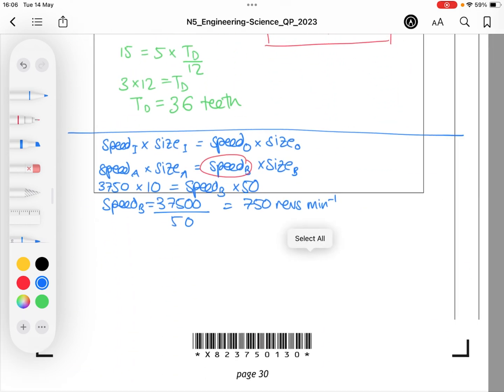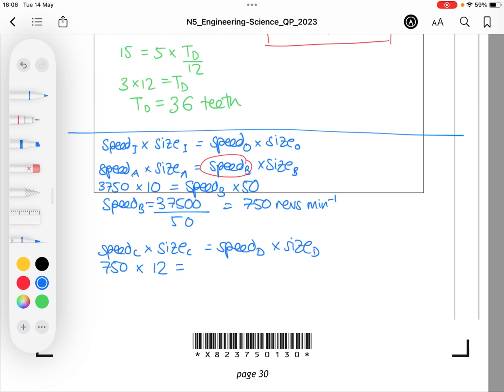So I can say that the speed of C times the size of C is equal to the speed of D times the size of D. Putting in what I know then, the speed of C is 750 and the size of C is 12 teeth.